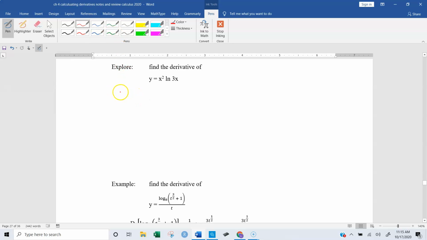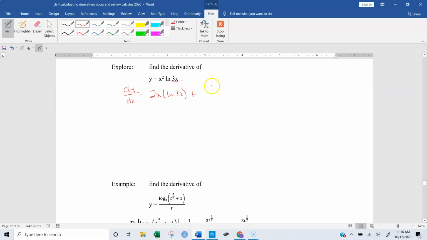So now you're going to do the derivative of y with respect to x. So it's the derivative of the first, which is 2x times the second, the natural log of 3x, plus the derivative of the second.